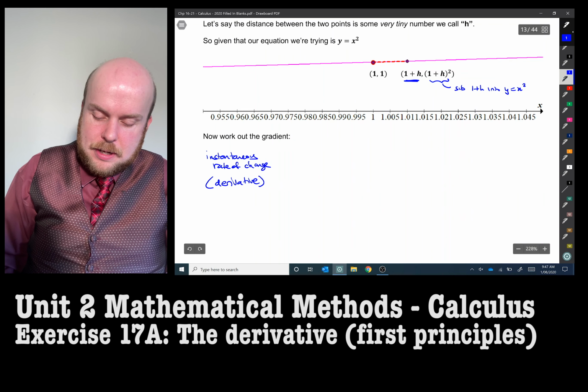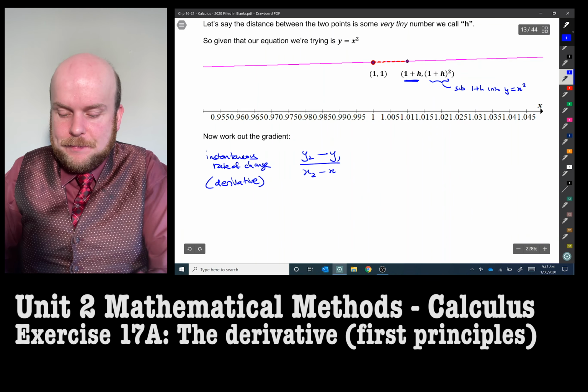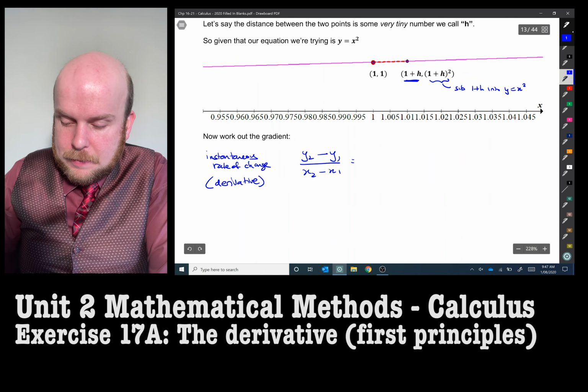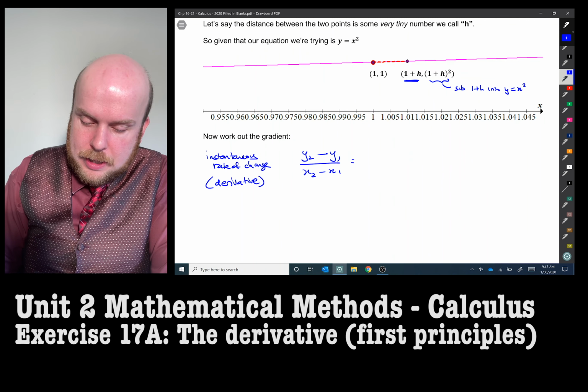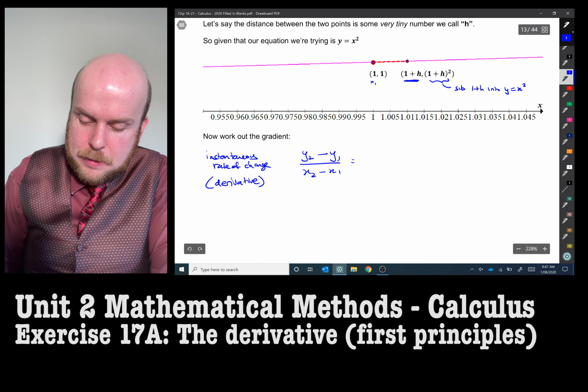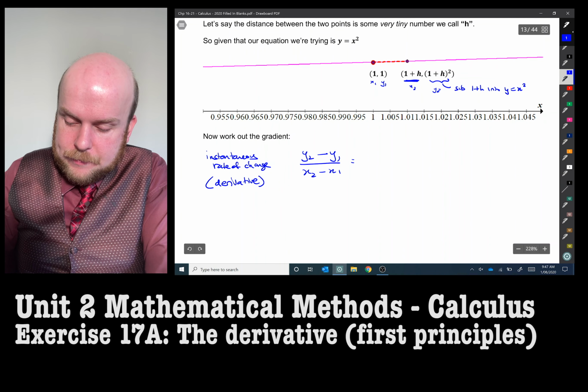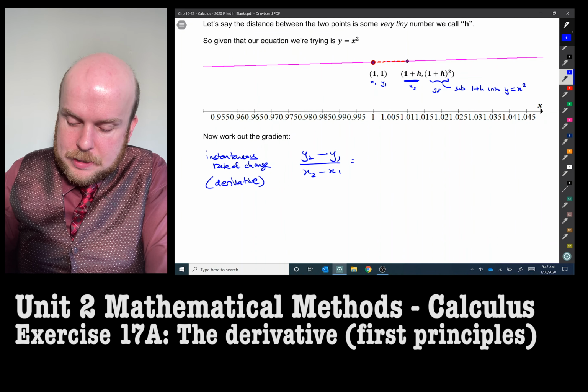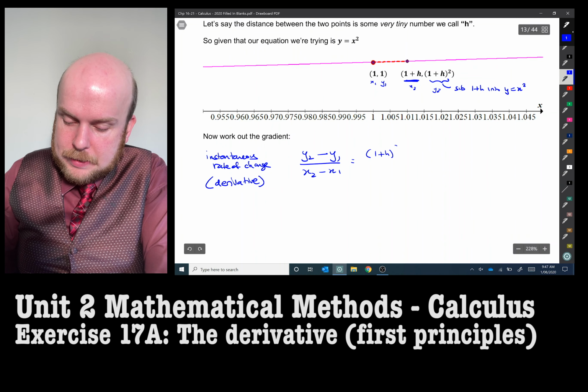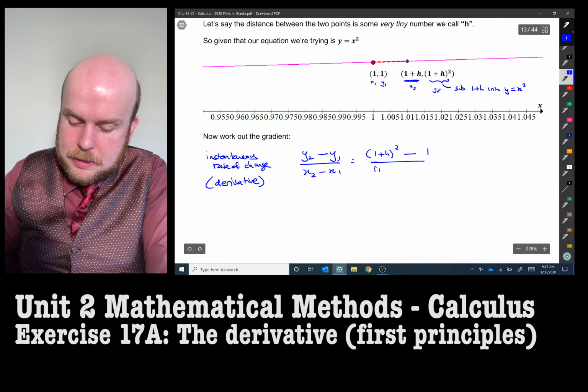And we're going to do y2 minus y1 over x2 minus x1. So here I'm going to call that x1, y1, x2, y2. So I'm going to do 1 plus h squared minus 1 over 1 plus h minus 1.